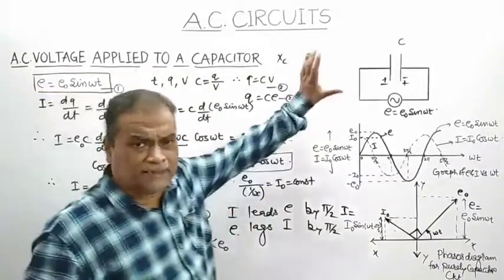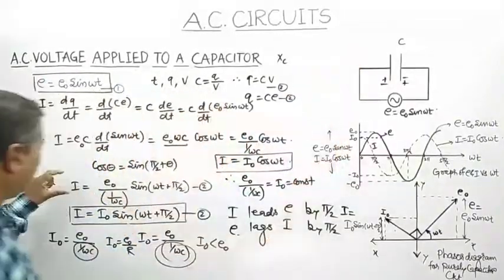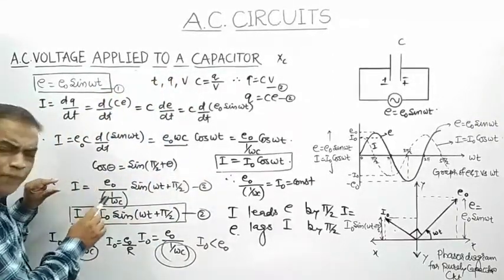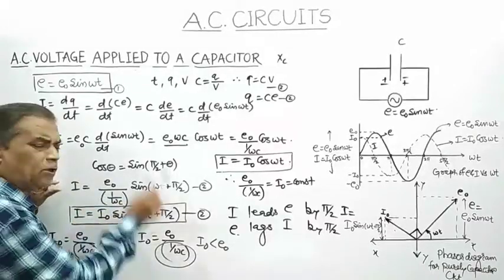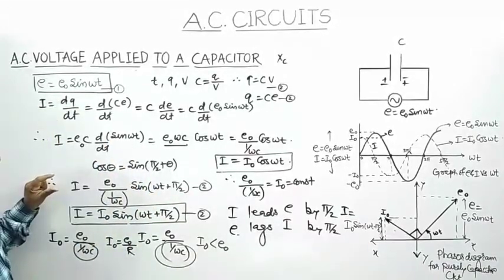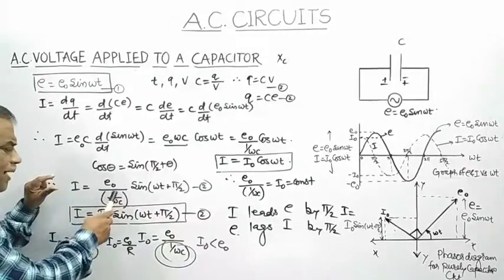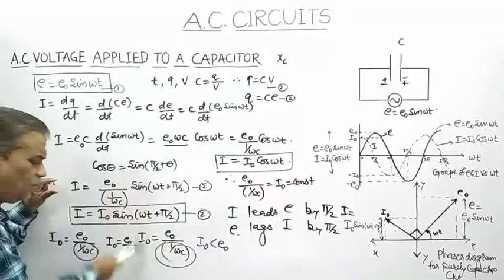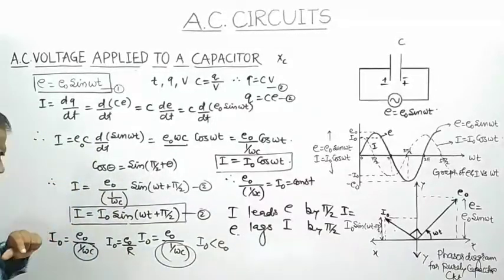As far as the instantaneous current in an AC circuit is concerned, it is given by I equal to E0 upon 1 by omega C, sin(omega t plus pi by 2). As E0 is constant and 1 by omega C is constant, E0 upon 1 by omega C is a new constant, say I0.